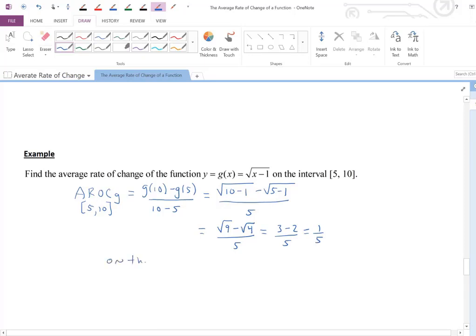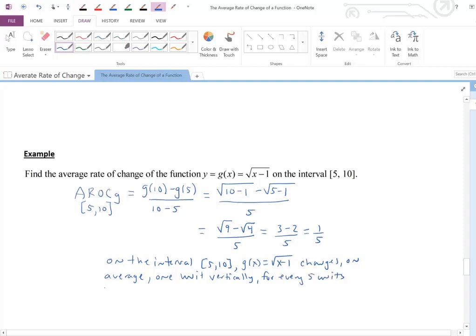On the interval 5 to 10, this function g of x, which is square root of x minus 1, changes on average 1 unit vertically for every 5 units horizontally.